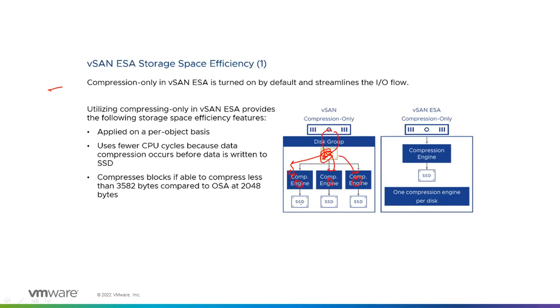Then my data is compressed to my underlying capacity drive. But here, because now there is no cache tier at all, my data goes directly through the compression engine to my SSD drive. So definitely it's giving me better performance compared to OSA.